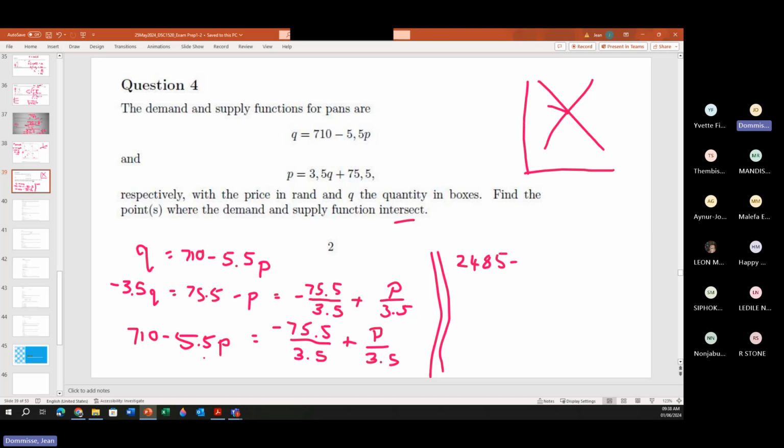And I would have said, let's multiply 3.5 times 5.5, which gives us 19.25p. So that is now all that was that times the 3.5, that times the 3.5.